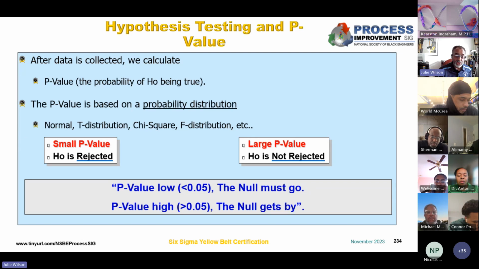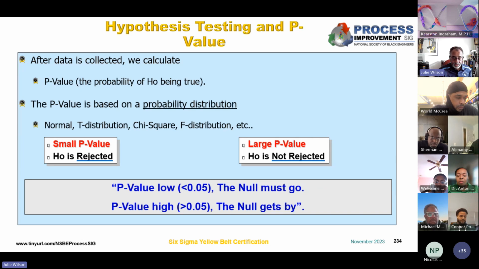If the p-value in that analysis comes back greater than 0.05, say for instance it comes back as 0.42, that does not mean that temperature and humidity don't make a difference. What it means is you don't have enough evidence and data to prove that temperature and humidity make a difference.